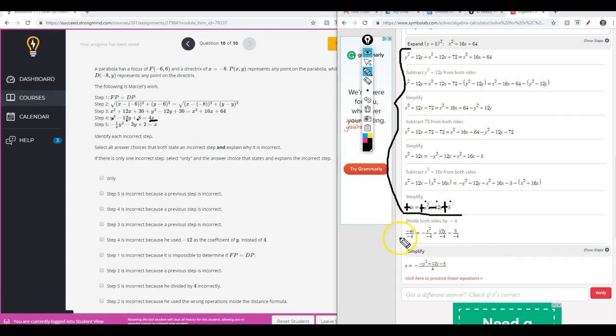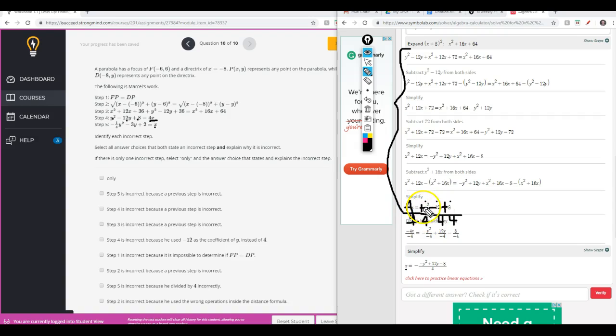And then it says to simplify. To simplify, we would divide by 4, because this is 4 times x. We would divide everything by 4, and I'm just going to do it on this side. So 4 divided by 4 reduces down to 1, so that's where we end up with the 1x right there.